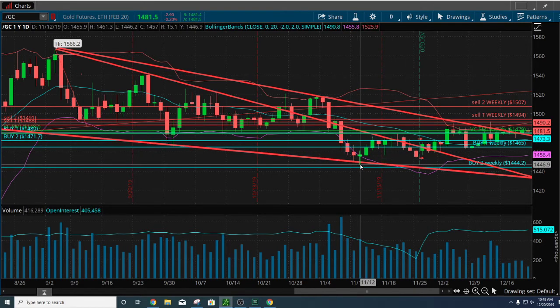We're following the same principle of the market coming down to this level on November the 12th into this area of 1446 in that vicinity, which was pretty close to the weekly signal of 1444.